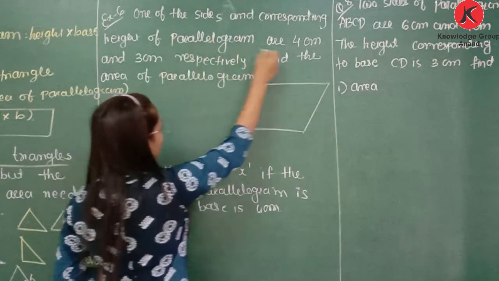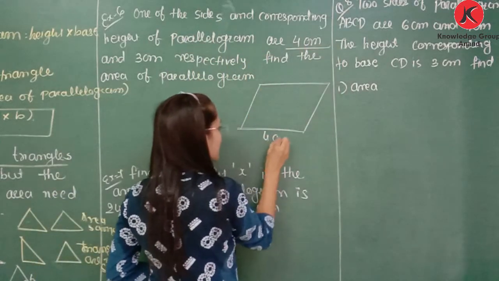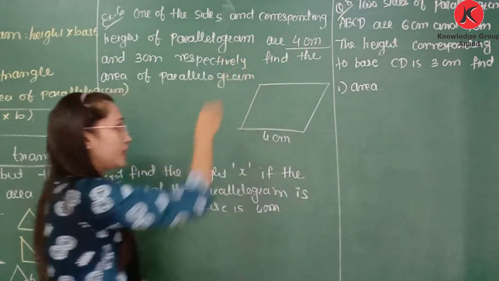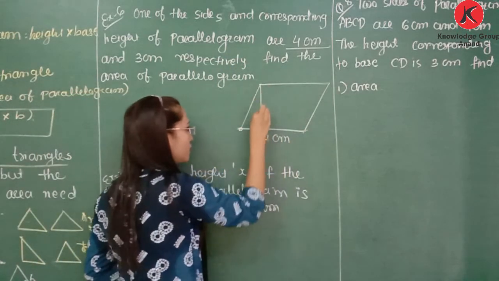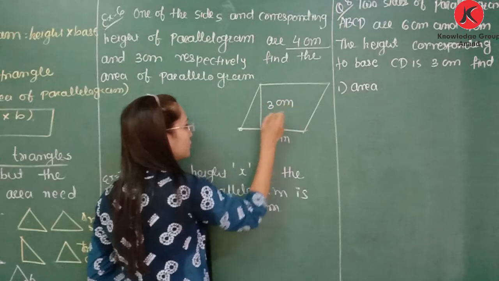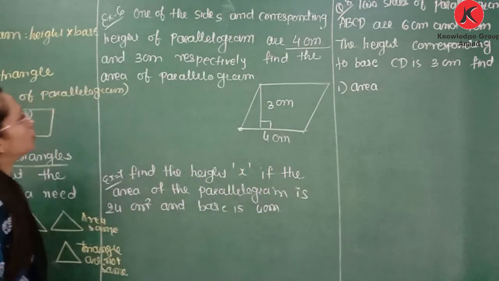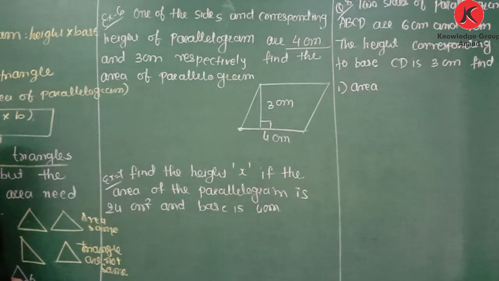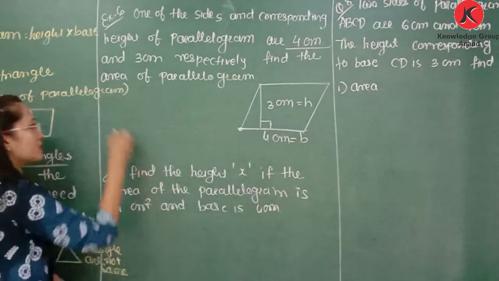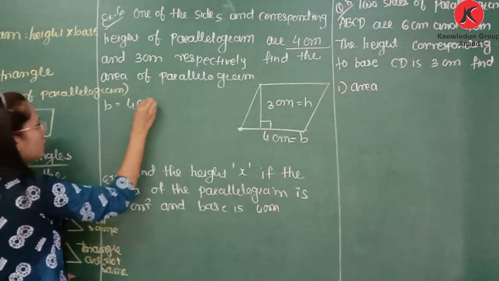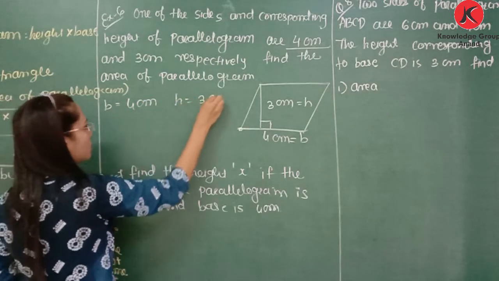One side is 4 cm, and the corresponding height to this side will be 3 centimeter. Find the area of the parallelogram. So this will be our height and this will be our base. So we can consider b as 4 centimeter and h as 3 centimeter.